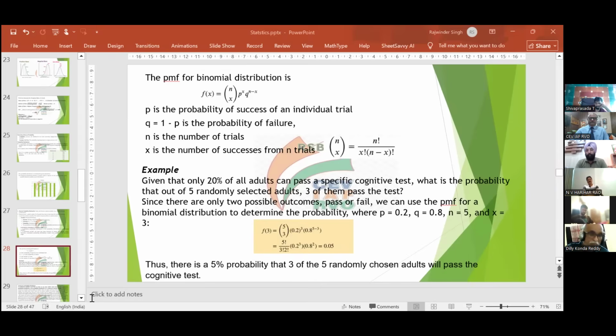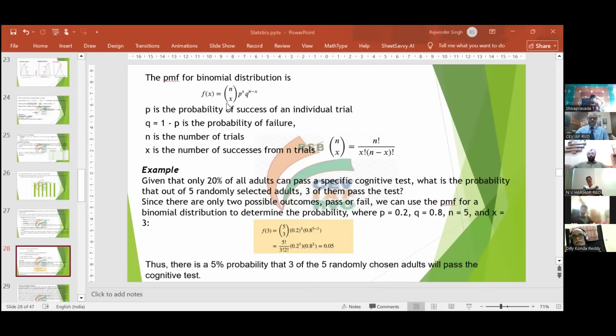How is nCx calculated? It is equal to n factorial divided by x factorial multiplied by (n - x) factorial. So this is basically what this n over x represents.